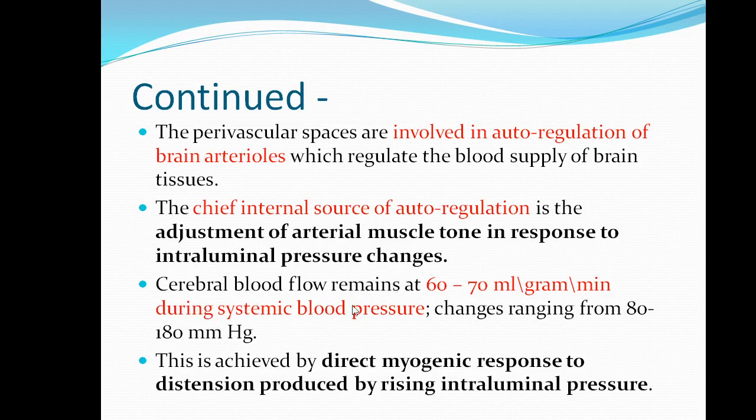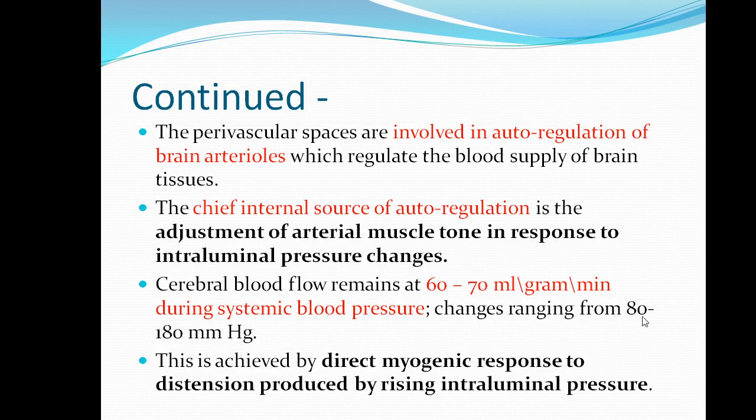The cerebral blood flow remains at 60 to 70 ml per 100 gram per minute during systemic blood pressure changes. The changes in the blood pressure may be from 80 to 180 mmHg.